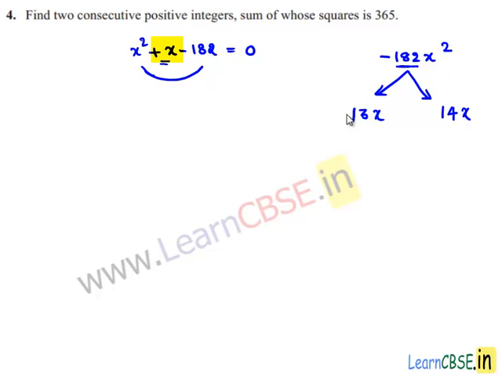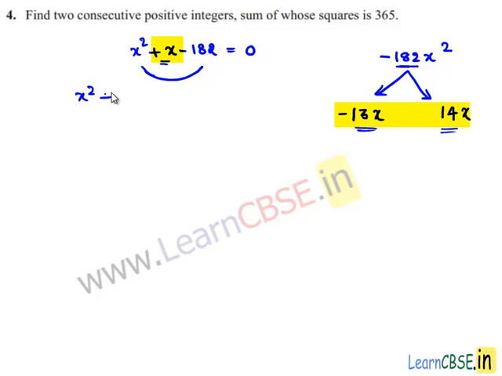So if we put a minus sign here, minus 13x multiplied by 14x is minus 182 x square, and the sum minus 13x plus 14x is plus x. So minus 13x and plus 14x satisfy both the conditions.